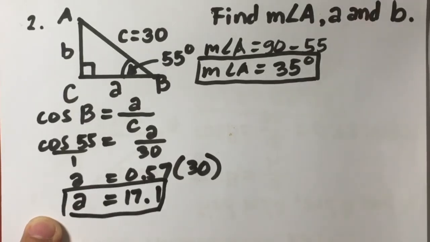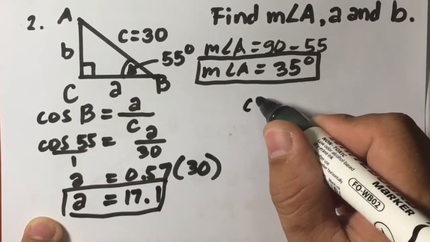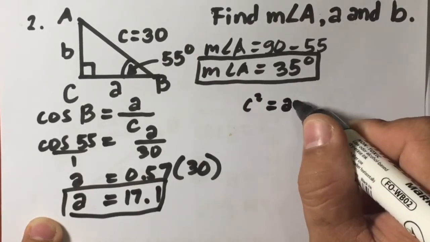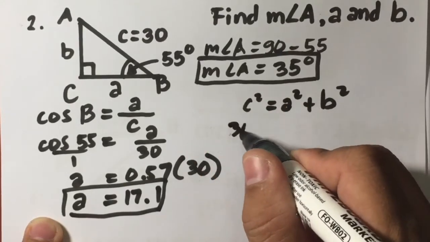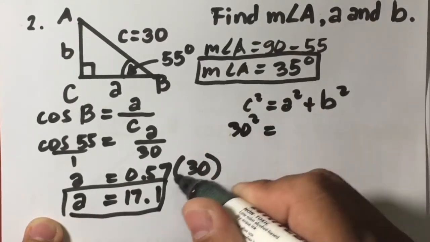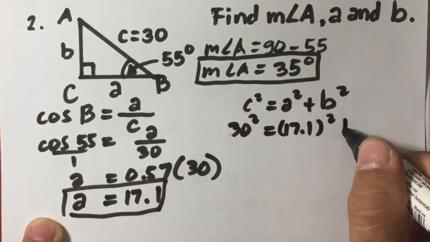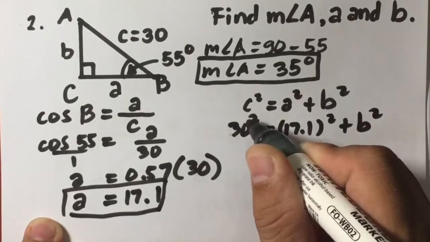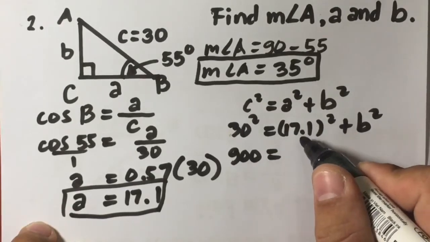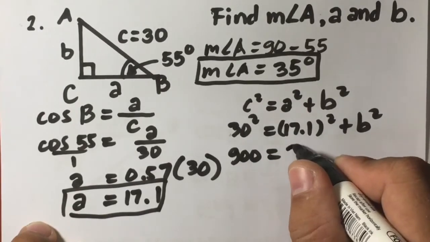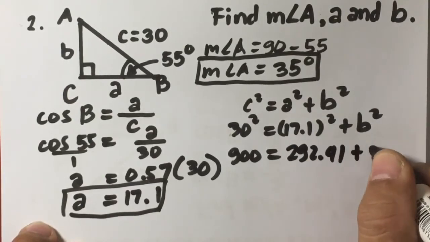Now to find B, we'll just use the Pythagorean theorem. C squared equals A squared plus B squared. So C is 30, so 30 squared equals 17.1 squared plus B squared. So 30 squared is 900, then 17.1 squared is 292.41, then plus B squared.